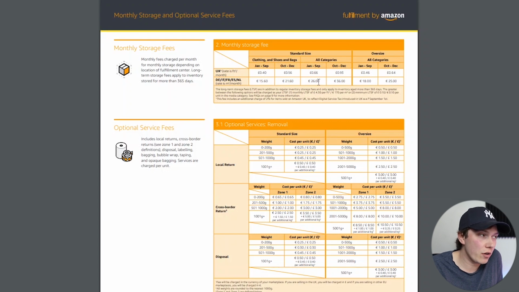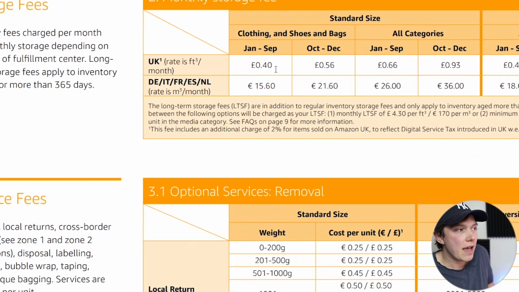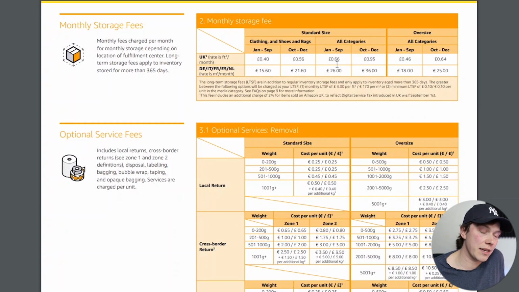Presuming that we're not selling clothes, shoes or bags, we'll be looking here in the all categories section, and you can see within the UK you will pay 66p per cubic foot between the months of January and September. And then in October to December, when it's a bit busier, you will pay a higher rate of 93p.